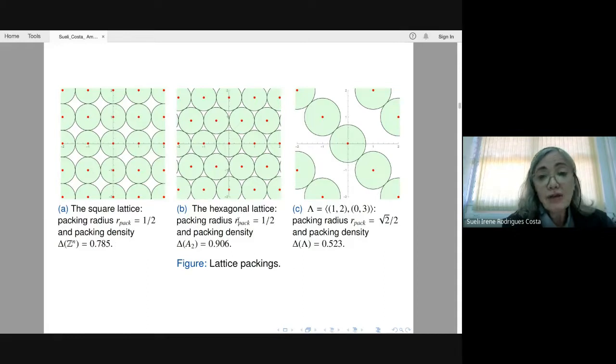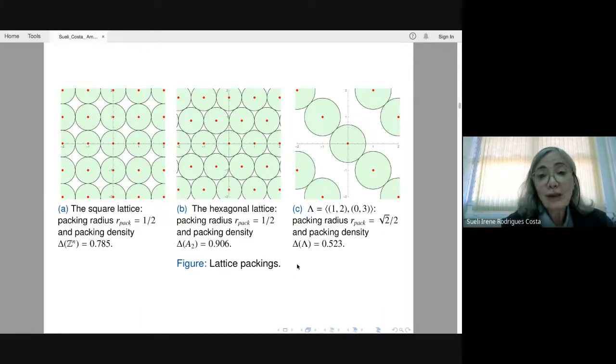The packing density of the hexagonal lattice is 90%, and the packing density of this other lattice is 52%. And it can be proved, this was already proved in the 19th century, that the hexagonal lattice has the best packing density among any packing of balls in the plane, right?